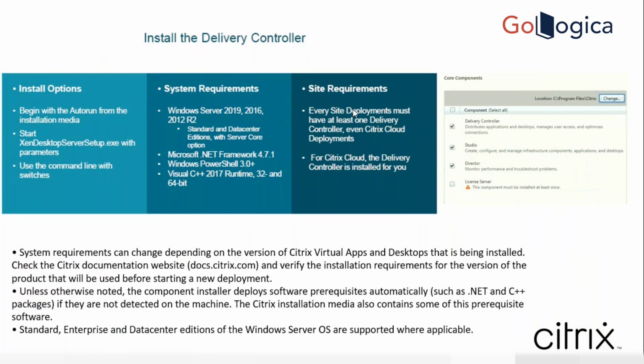Suppose for 500 users, I can install a single delivery controller, but for 5,000 users, you require two or three.